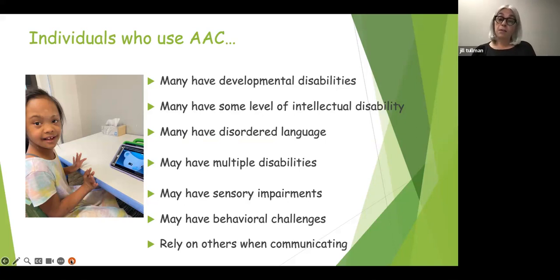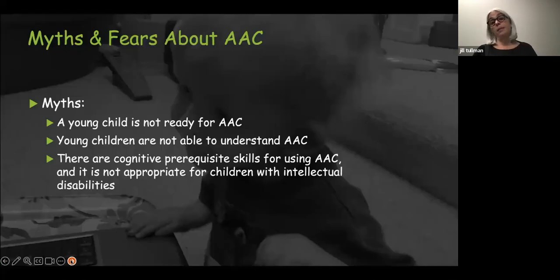Individuals may have behavioral challenges. And I think it's fair to say that the majority of individuals who use augmentative and alternative communication rely on others when communicating. So they're really dependent upon the authentic relationships and us as their communication partners to be able to communicate and participate fully in their environments.